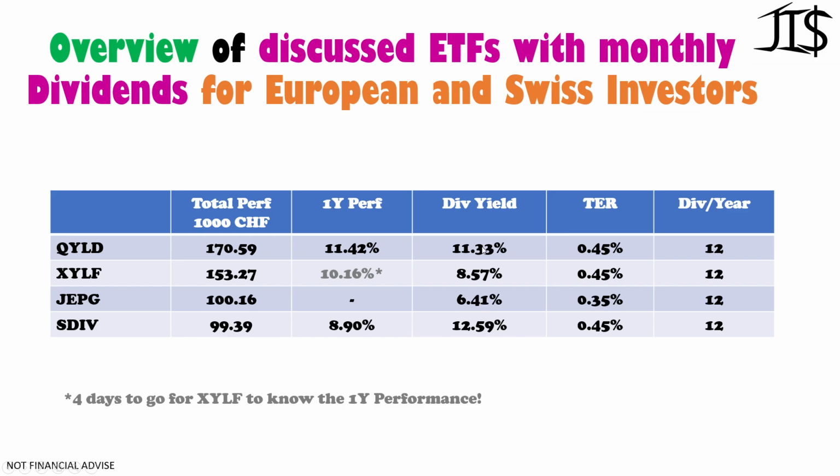The dividend yield, QYLD above 11%, SDIV above 12%, and the total expense ratios for the Global X funds, it's always 0.45%, and for the JP Morgan one, it's 0.35%. So that's also something that I like. But as I said, SDIV still minus 24% since its inception.